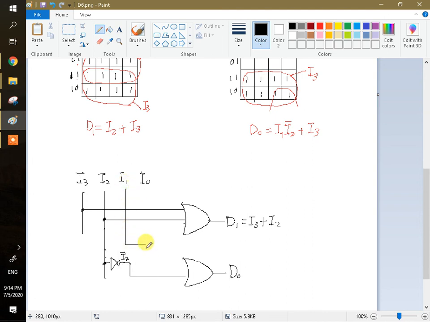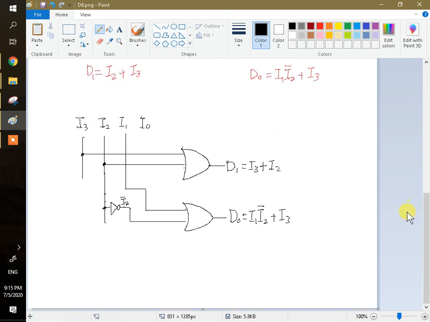I can draw it because I0 is not being used. So that's it. Also, let's finish this up. I1, I2 bar, or I3. So this is our encoder.